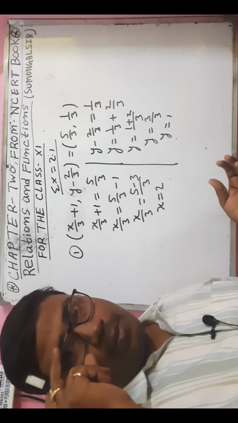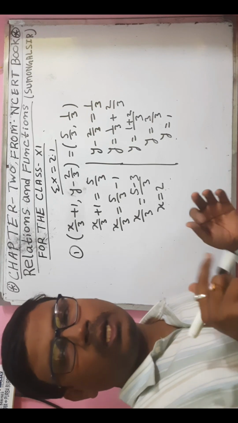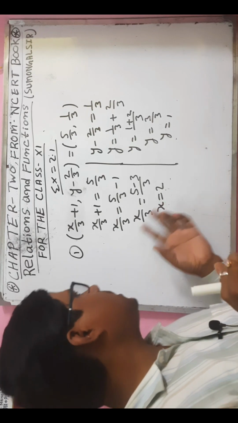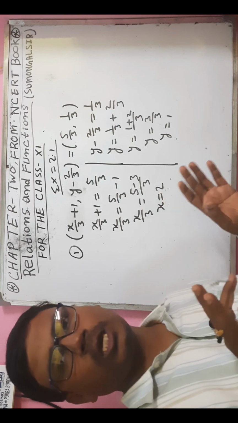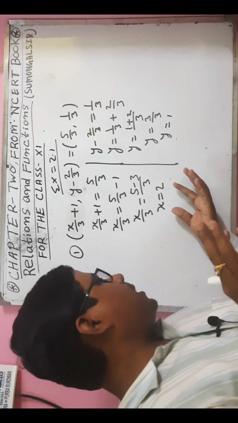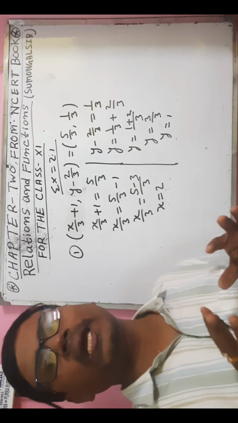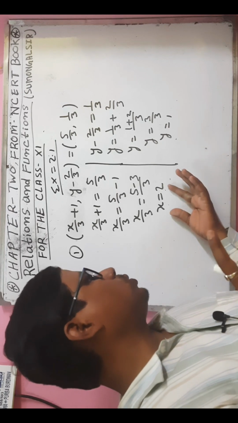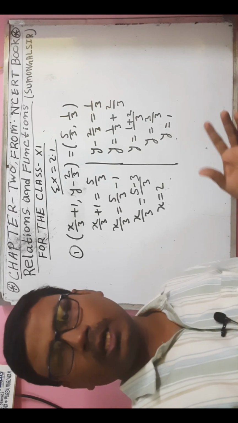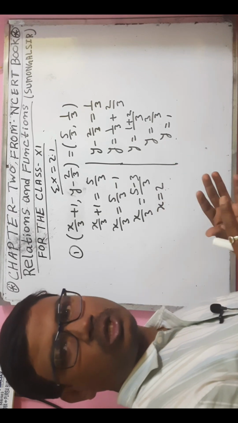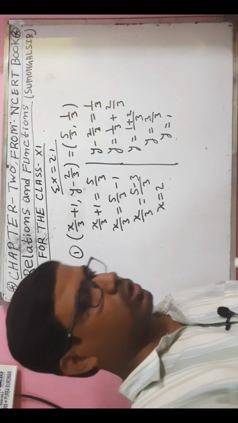So from exercise 2.1, first question, after calculating we get the value of x is equal to 2 and y is equal to 1. So this is the completion of the first question. Now we move to the second question.